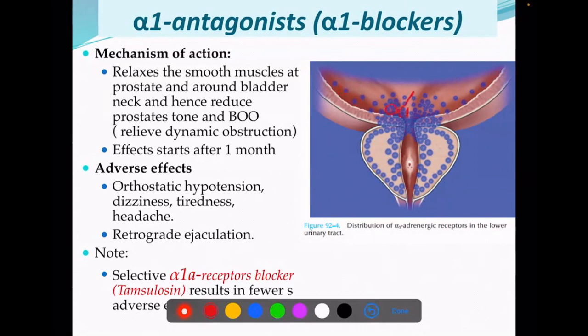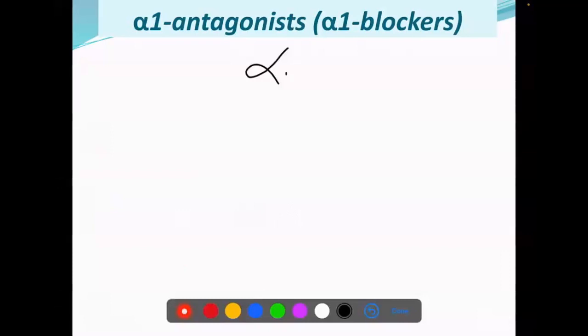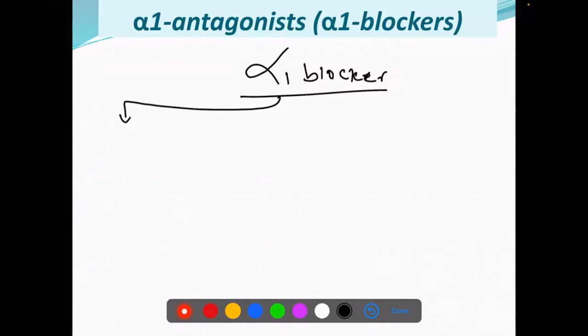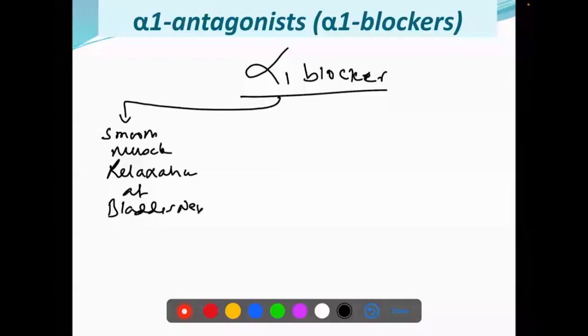These are alpha-1A receptors, 1A, 1A. Alpha-1A is mainly found in smooth muscles of the prostate and the bladder neck. So whenever you use an alpha-1 blocker, the effect that you want is smooth muscle relaxation at the bladder neck and prostatic urethra.